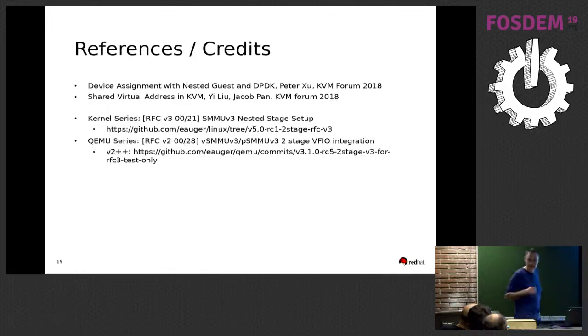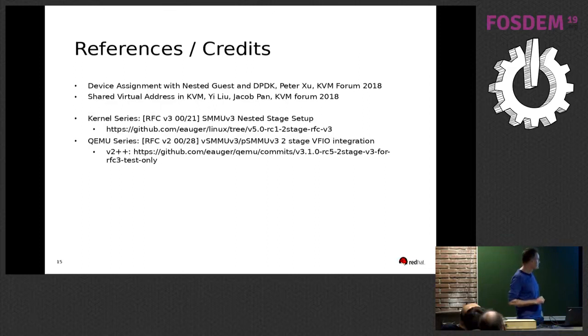I would like to complete this presentation with 2 pointers to presentations made last year at KVM Forum. The first one, by Peter, was about exactly the same use case but on Intel, using the so-called caching mode, so you can dig into more details on this use case.